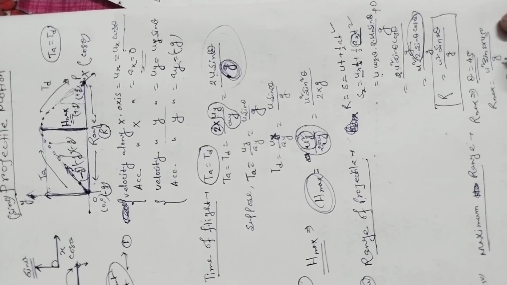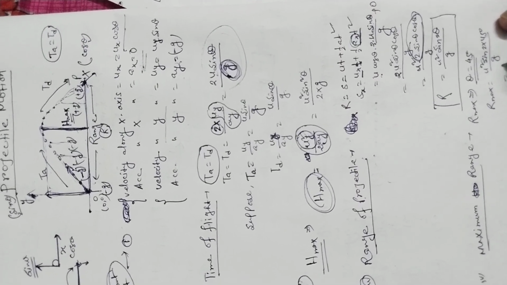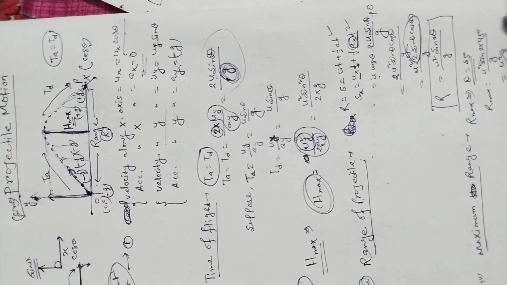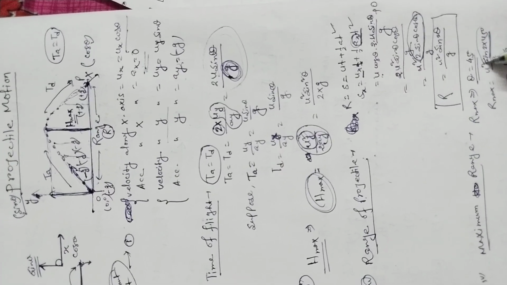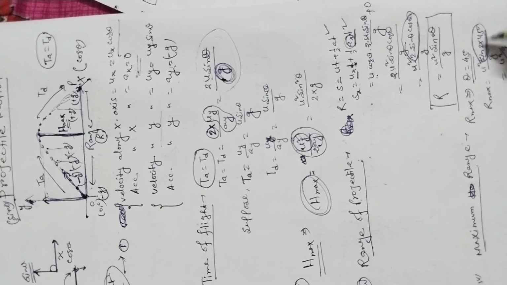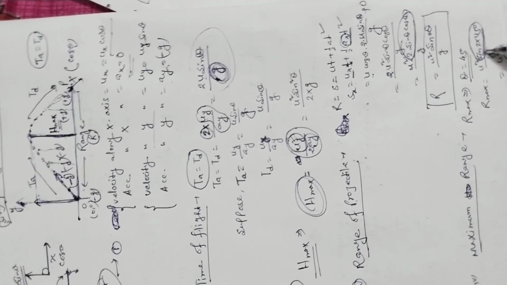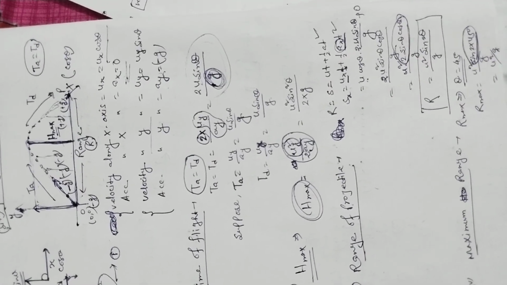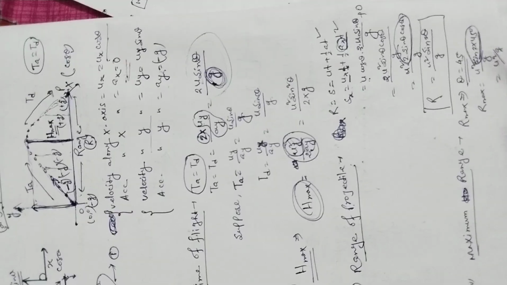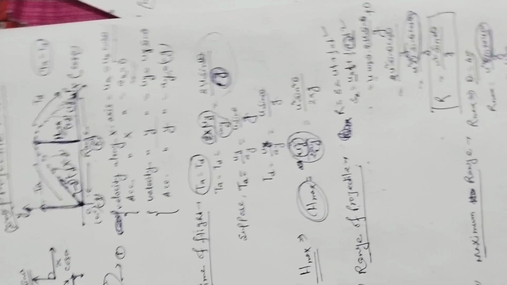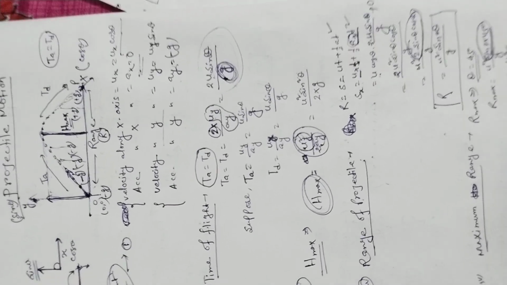So sin 2 into 45, that means sin 90, so u square by g is the answer. So R max equals u square by g. Okay, complete. After that, this is complete, number 4.